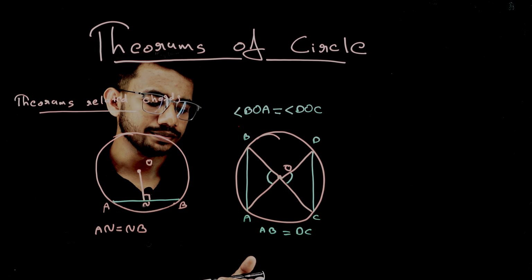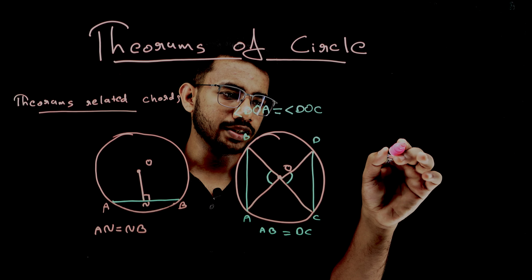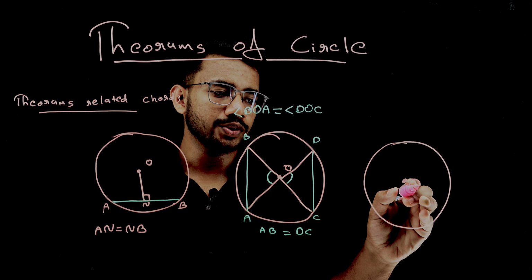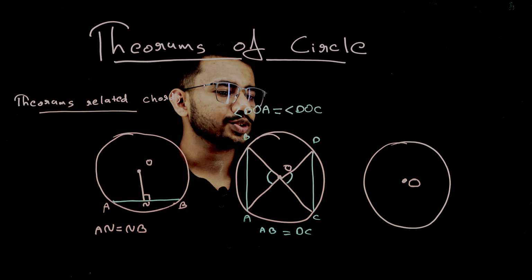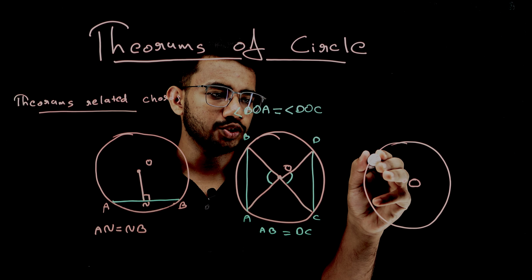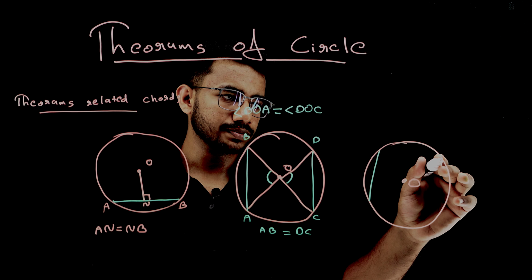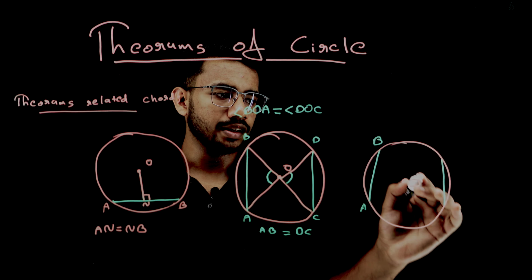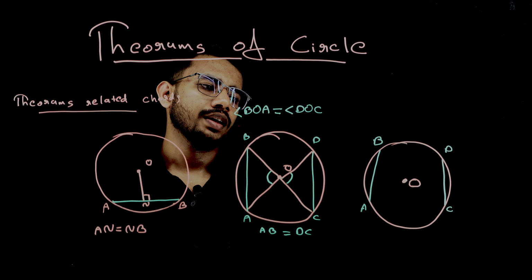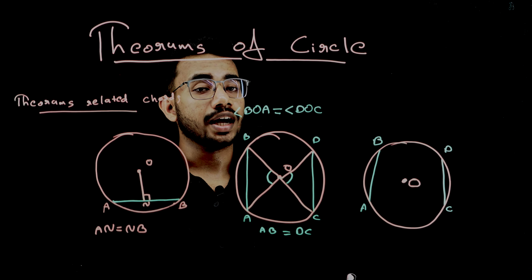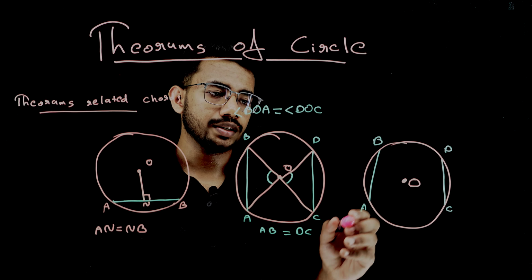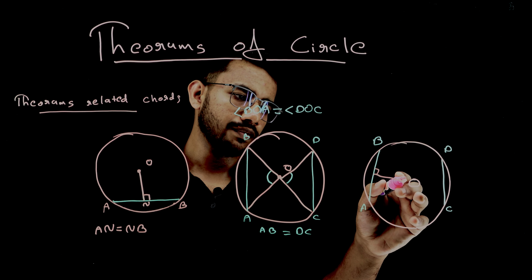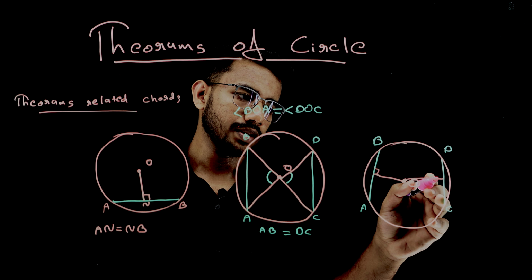Now moving on to the third one. Here also I'm having a circle like this. I'm having the center at the point O, and in this case also I'm having two equal chords like this, and I'm naming them AB and CD. The next thing, I'm going to draw a perpendicular line from the center to one of its chords, and here also from the center to one of its chords, making an angle of 90 degrees.